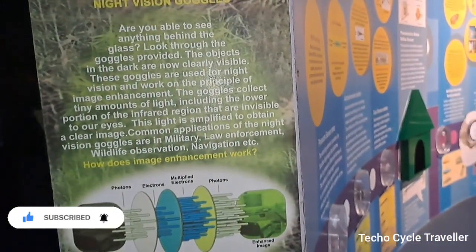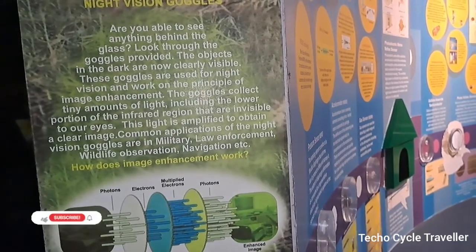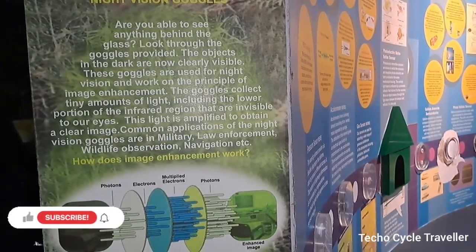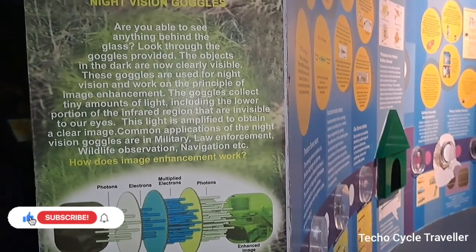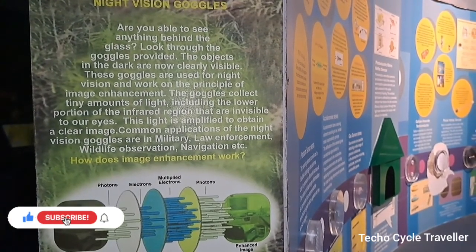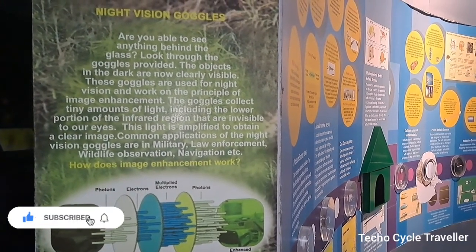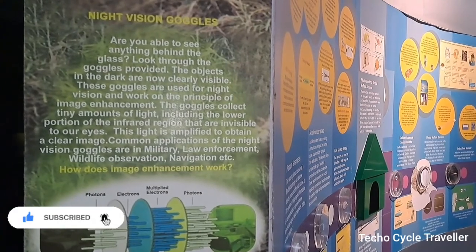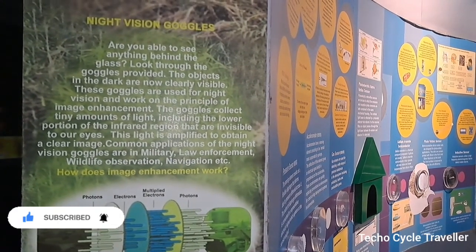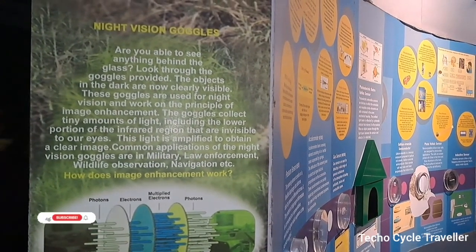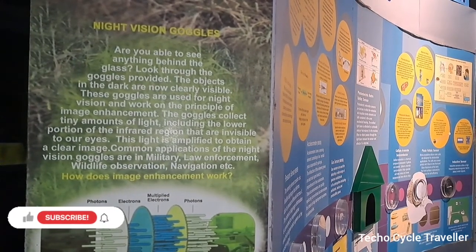Night vision goggles. Are you able to see anything behind the glass? Look through the goggles provided. Objects in the dark are now clearly visible. These goggles are used for night vision and work on the principle of image enhancement.